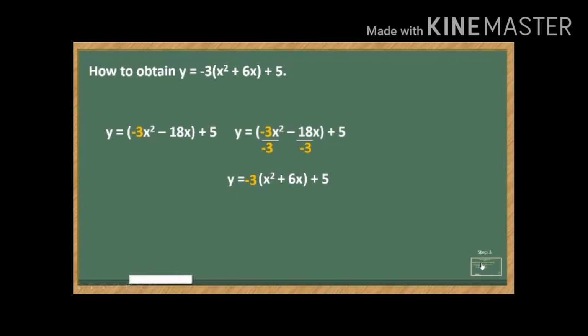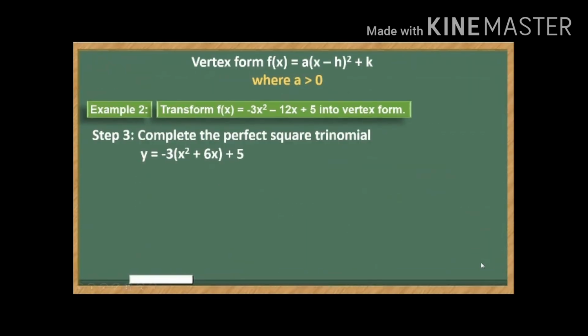Let's continue with our step 3. Here we are going to complete the perfect square trinomial. As we noticed, we have only the x squared, quadratic term, and the linear term. We do not have the constant term.